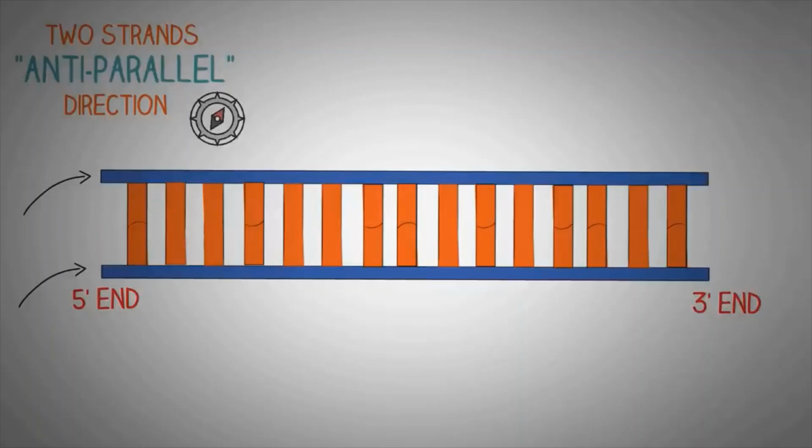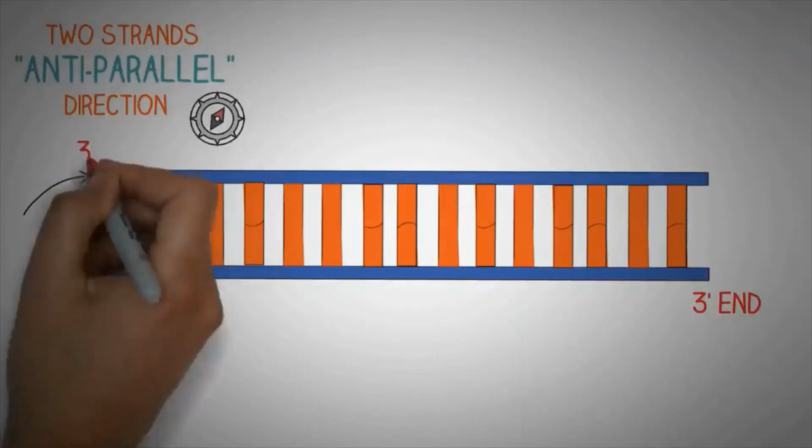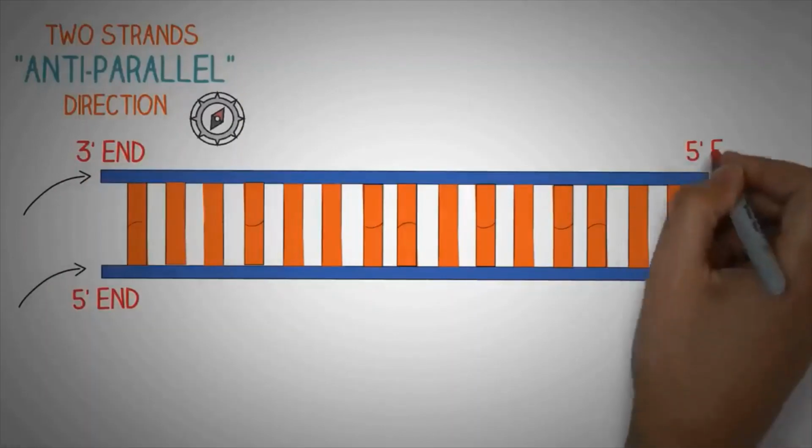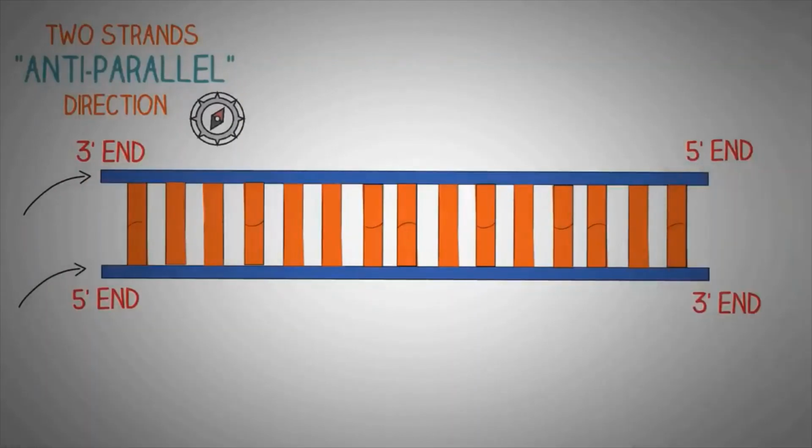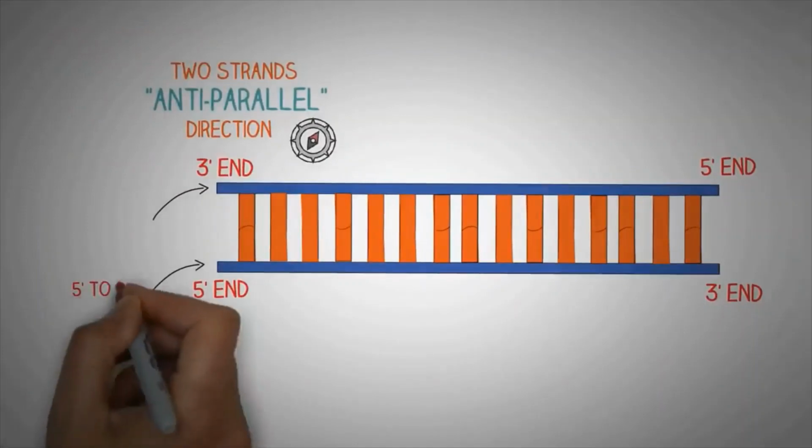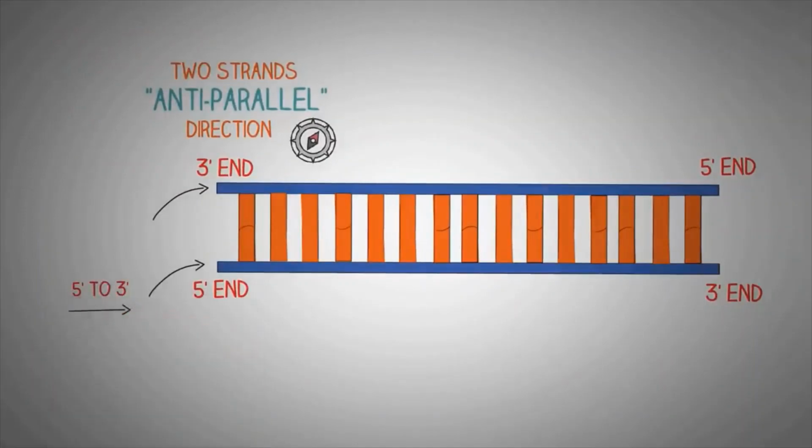And since the strand above is running in the completely opposite direction, it will have its 3' end on this side and its 5' end on this side. So the strand below is said to be running from the 5' to 3' direction, and the strand above is said to be running from the 3' to 5' direction.